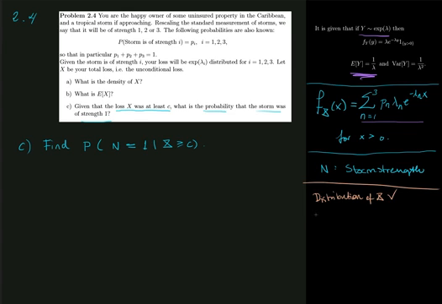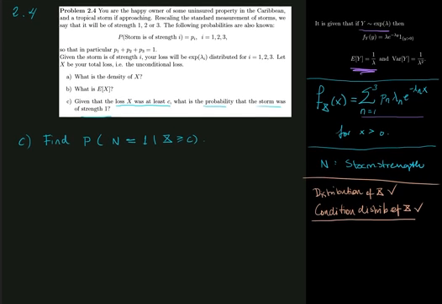We also know the conditional distributions of X, so the distribution of X given N equals something. What don't we know? We don't know the distribution of N, but in fact, knowing these two things is enough to help us out.